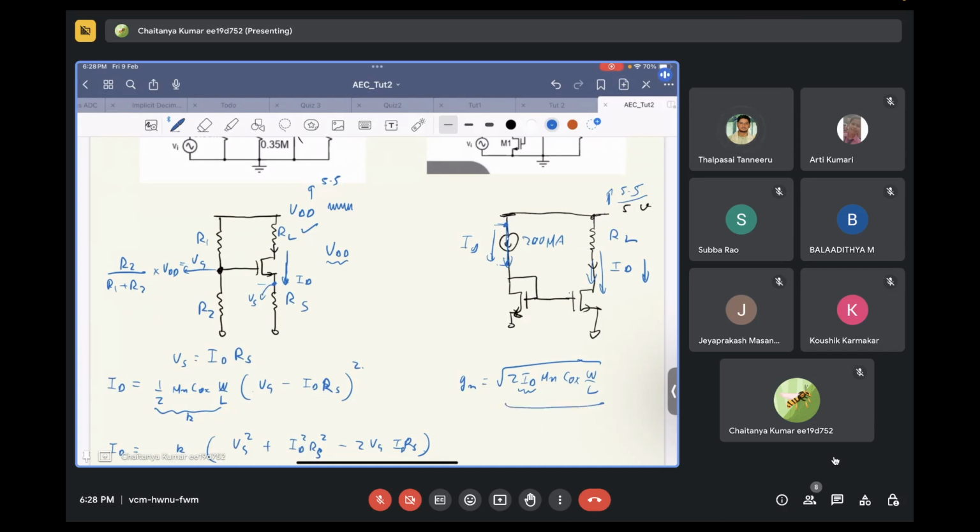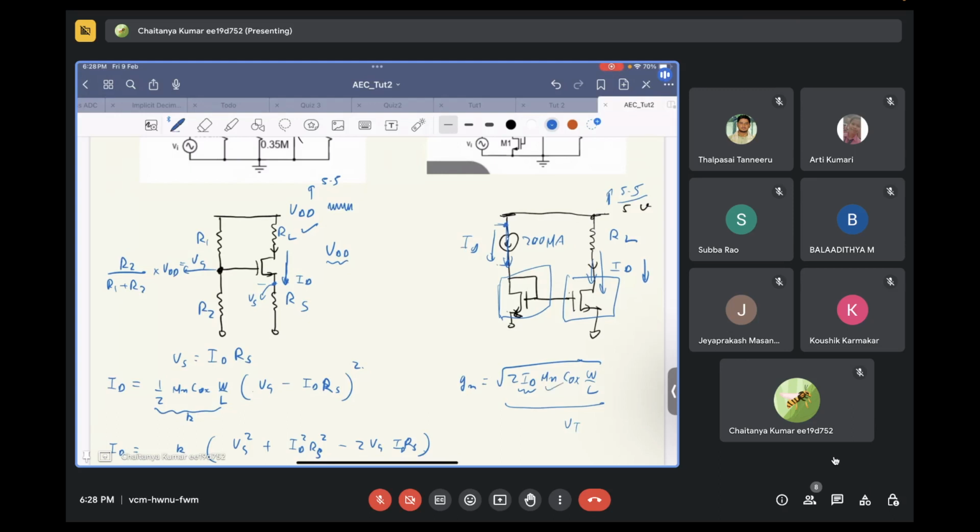There is no VT term in this, right? Yes, sir. So let's say the threshold voltage of the bias generating transistor and the input transistor are the same. In that case there will be no variation in the gain due to threshold voltage variation or supply voltage variation.